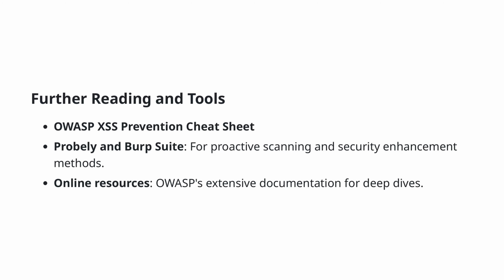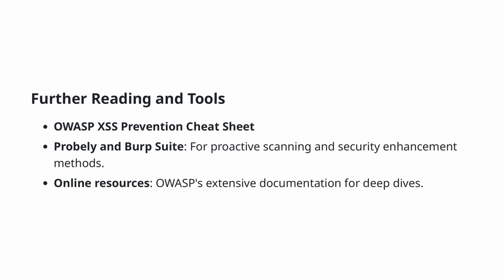In this section, we focus on providing you with further resources and tools to help mitigate the threat of XSS. The OWASP XSS Prevention Cheat Sheet is an excellent starting point, offering detailed guidance on best practices for preventing cross-site scripting vulnerabilities. Additionally, tools like Probely and Burp Suite are indispensable for proactive scanning and enhancing your security measures.